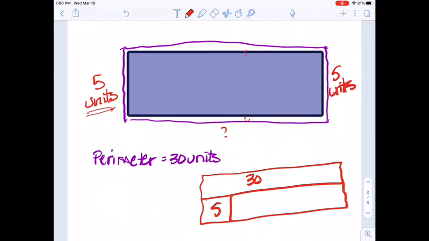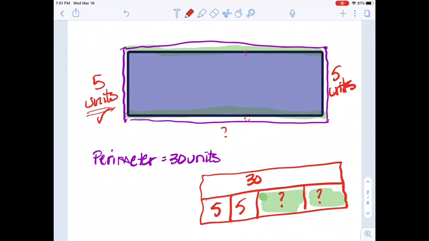So I have one part that I know is equal to 5. I have another part that I know is equal to 5. And then I have these 2 parts that I don't know yet. And remember, these 2 parts, this side and this side, that's this part and this part. And I know they have to be equal.